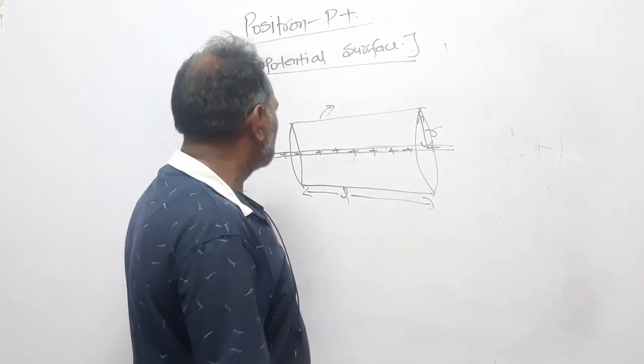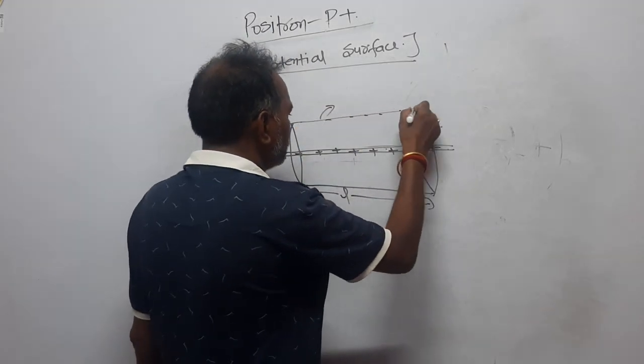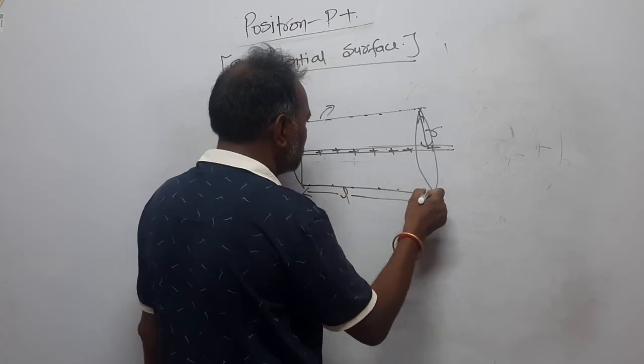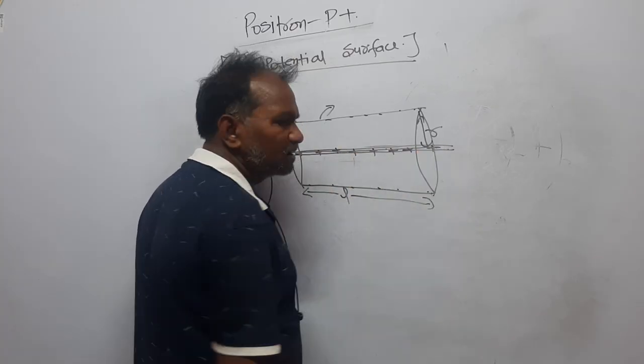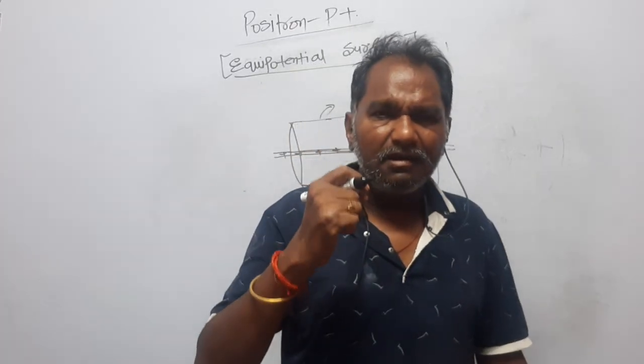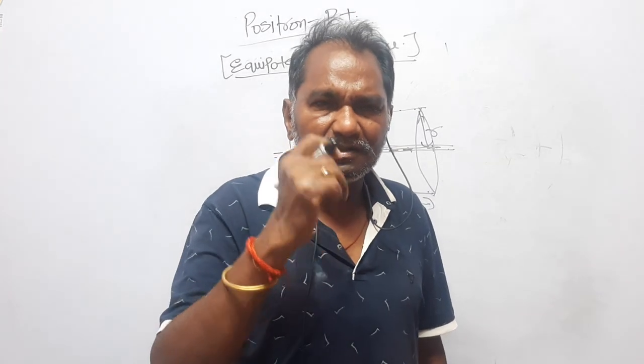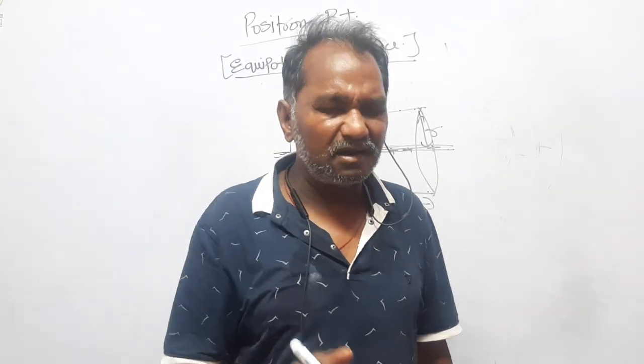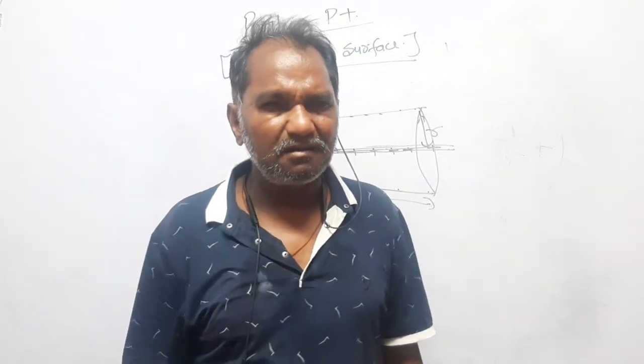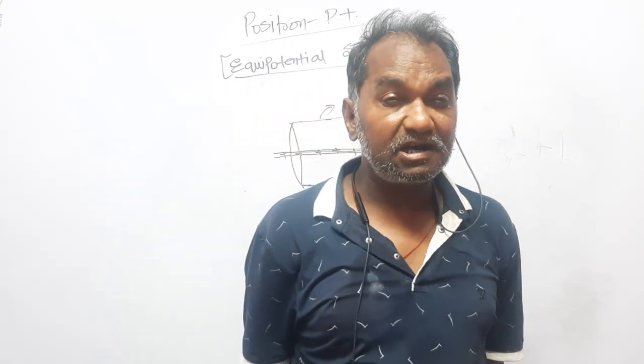These are points of equal potential because they lie at an equal distance from this thin wire. So every point on the surface of the cylinder is at the same potential; the cylindrical surface about the thin wire is an example of equipotential surface.